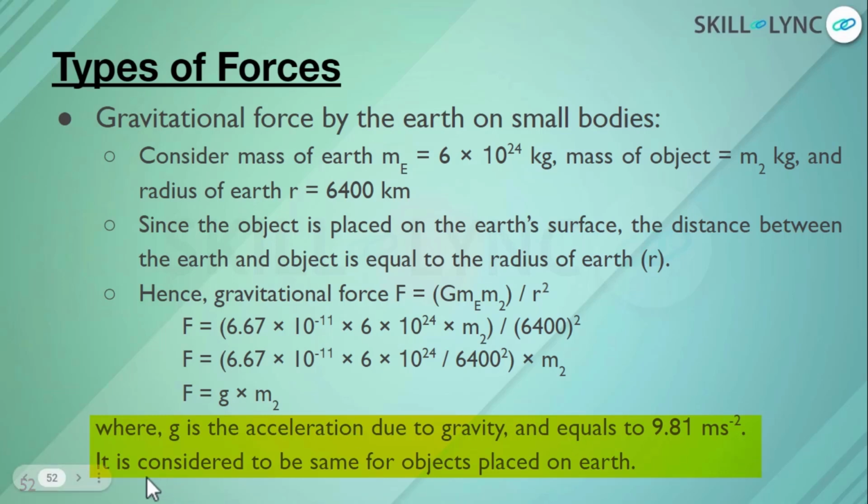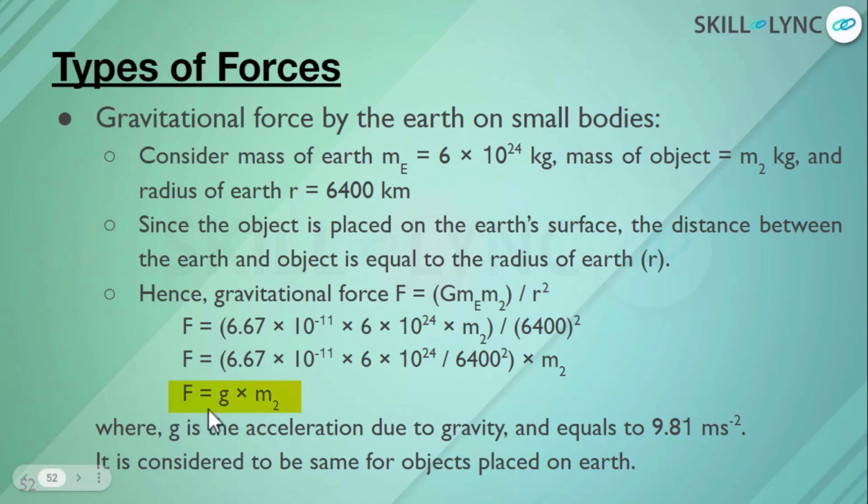And g is considered to be the same for objects placed on Earth. Thus, to simplify the calculations, we have considered a constant named small g, which is called acceleration due to gravity. Thus, the formula for calculating the gravitational force by Earth on small bodies placed on it changes to F equals g into m2. m2 is the mass of the small body that has been placed on the Earth.